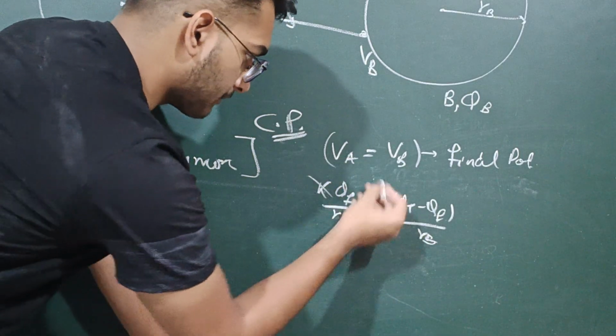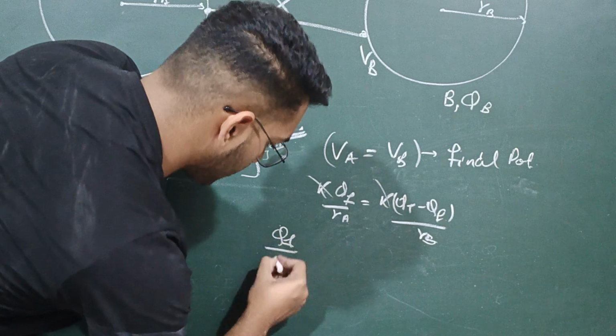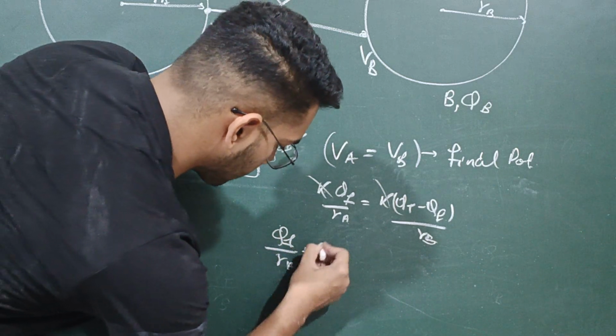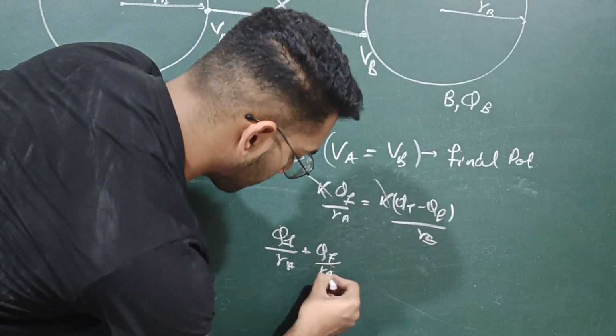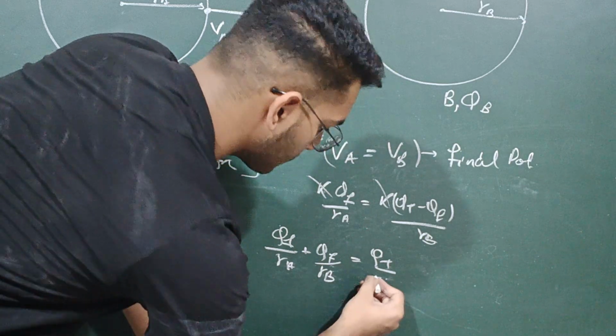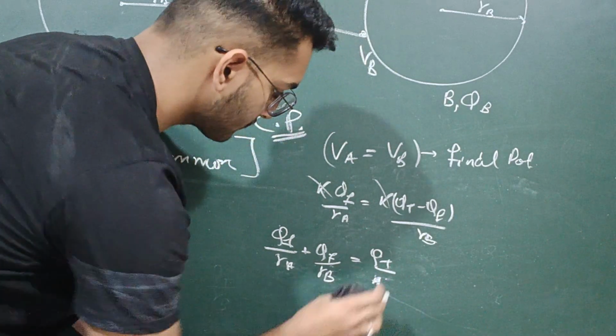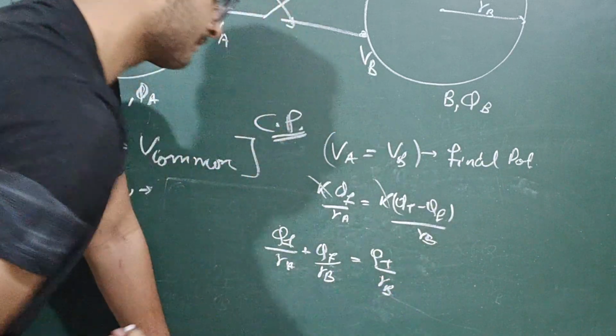Now rearranging and simplifying them gives us QF by RA plus QF by RB equals QT by RB.